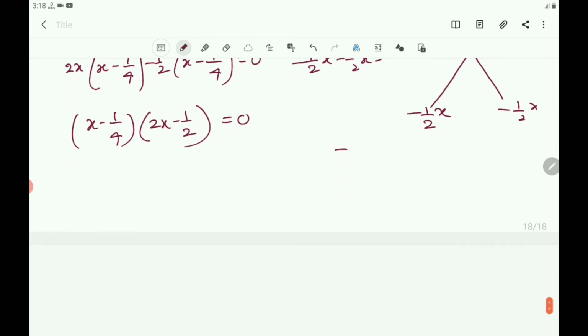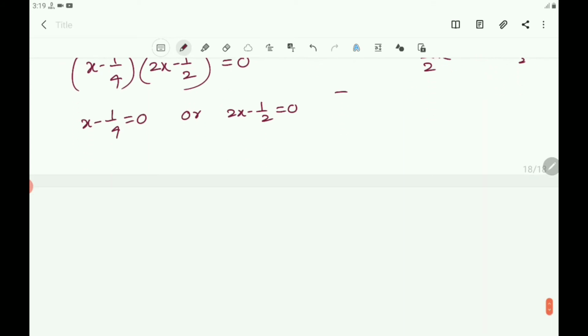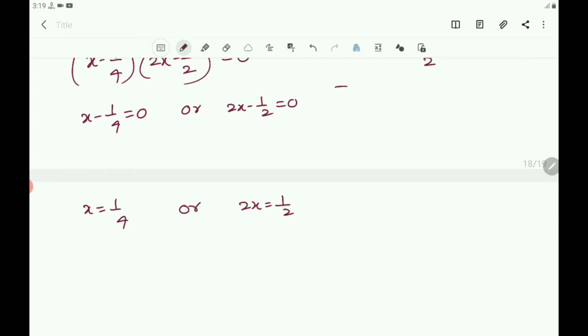Then equate each factor to 0. Write x minus 1 by 4 equals 0 or 2x minus 1 by 2 equals 0. That is x equals 0 plus 1 by 4. It becomes x equals 1 by 4 or 2x equals 0 plus 1 by 2, 1 by 2.